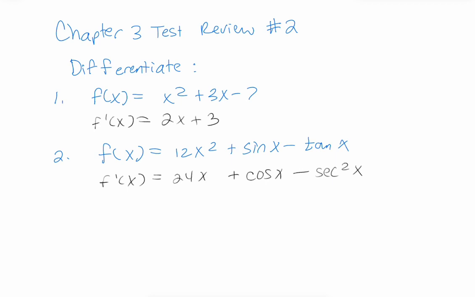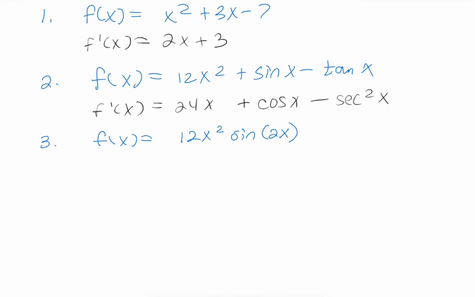But make sure you know that if we have, say, 12x squared times the sine of x, let's make it the sine of 2x, for something like that we will have to use the product rule.